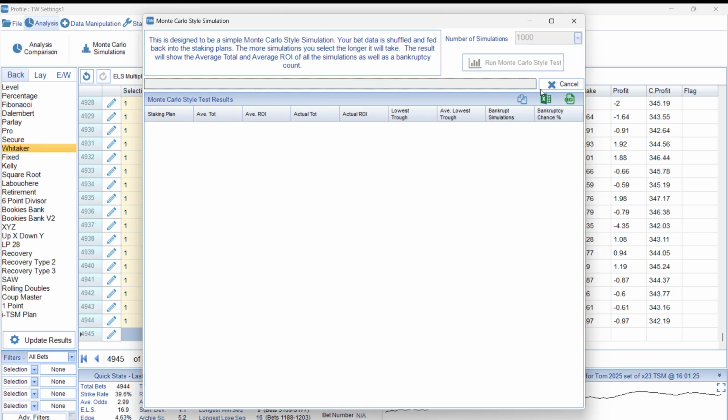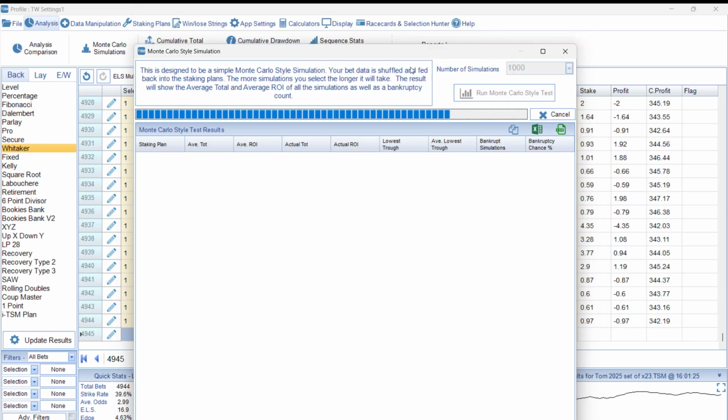But I would really recommend a minimum of 1,000 shuffles. I think 100's not that many. If you have the time, then 5,000 shuffles or 10,000 shuffles, that's really good. And if you're playing with large amounts of money, then go ahead and shuffle it 50,000 or 75,000 times. Depending how powerful your computer is determines how long it will take to run those simulations.